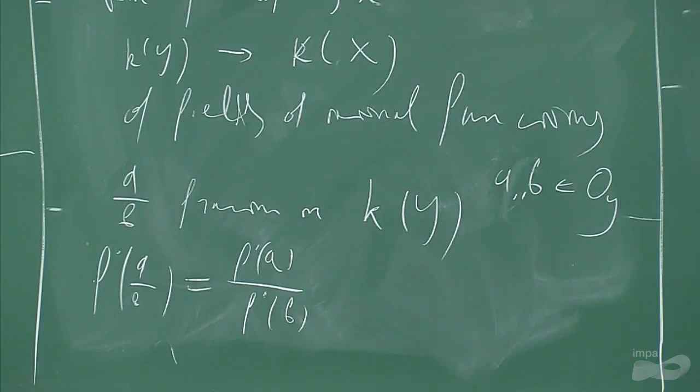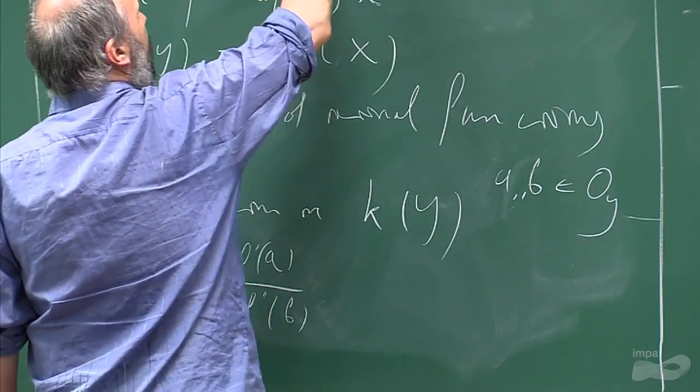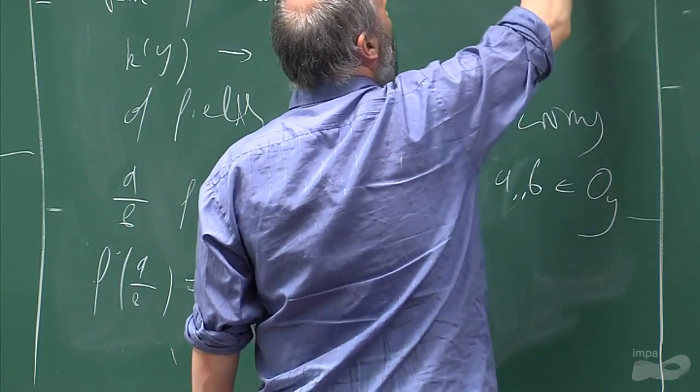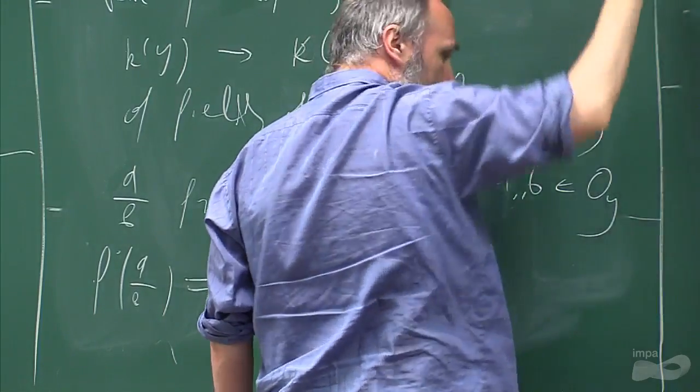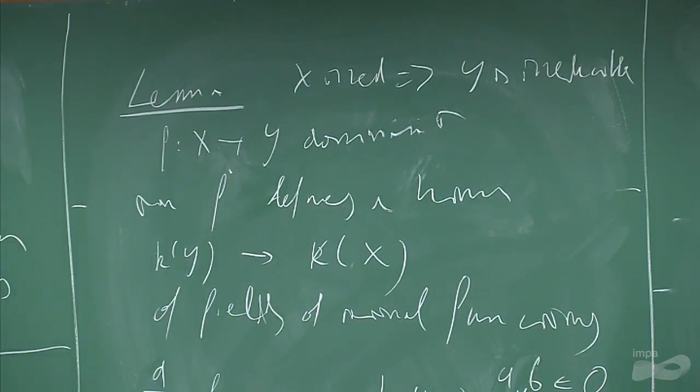Yeah. Also, what I wanted to say, and I forgot, is that this is important: if f is dominant and X is irreducible, then Y is irreducible. Let me explain that. The idea is that the preimage of a Zariski closed set is Zariski closed.